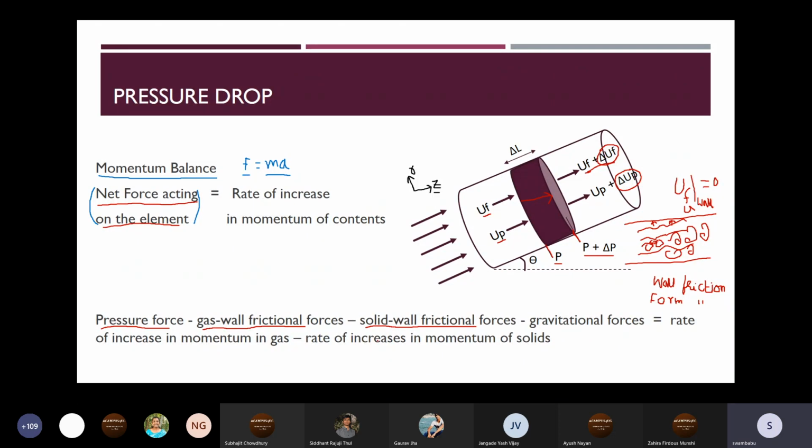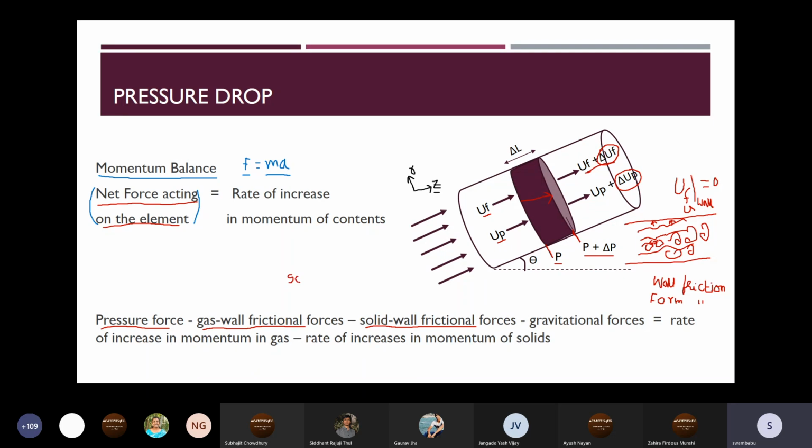As I mentioned in the previous slide, in pneumatic transport, the interaction between solid and fluid can be neglected. Here I put gas and wall, and solid and wall, but I didn't include solid and gas.